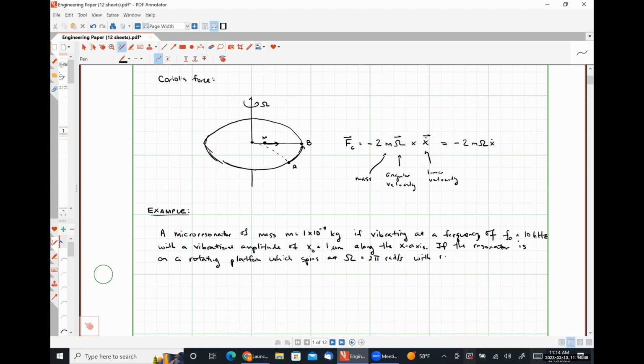With a rotational axis in the Z direction. What is the Coriolis force acting on the mass?